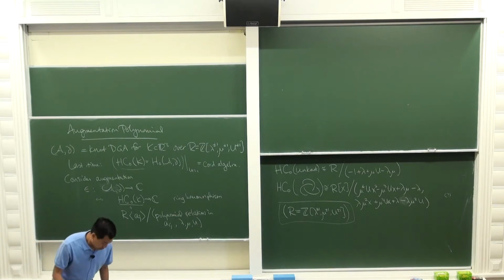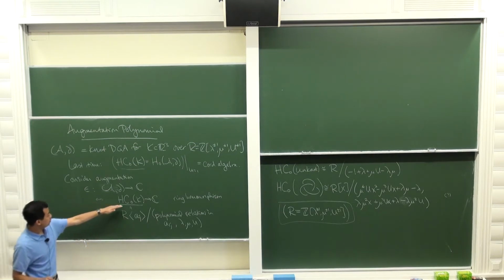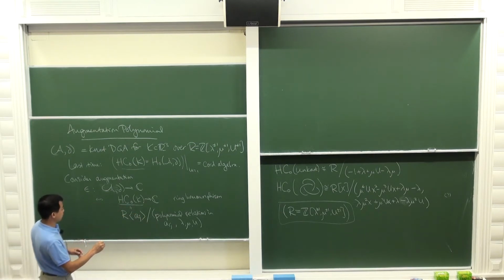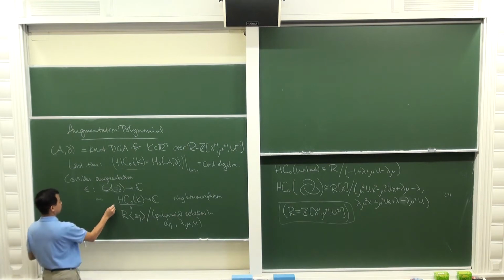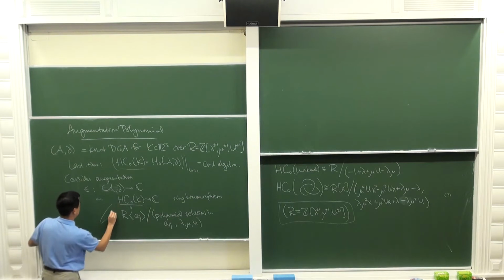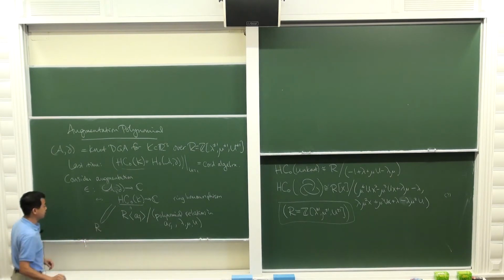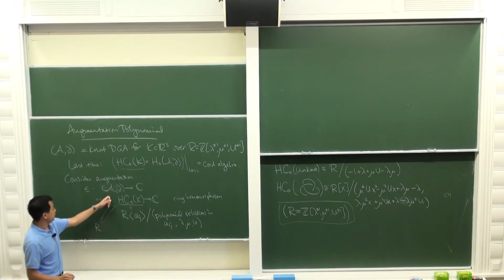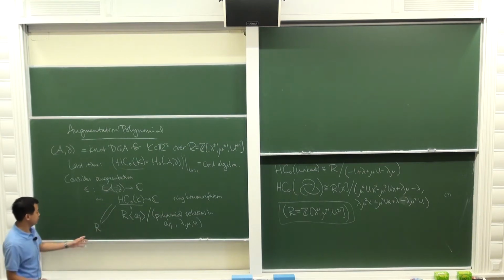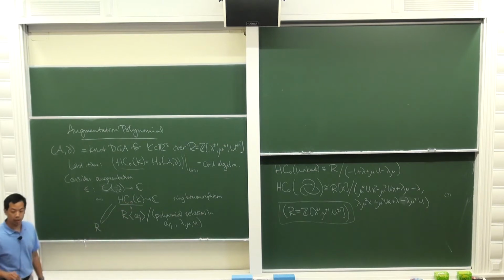Now suppose that you have an augmentation like this. There's an inclusion: something sits inside of here, and what sits inside of here is the ring itself, R. R is certainly in degree 0, and its differential by definition is 0, so it sits inside this degree 0 part of the homology.